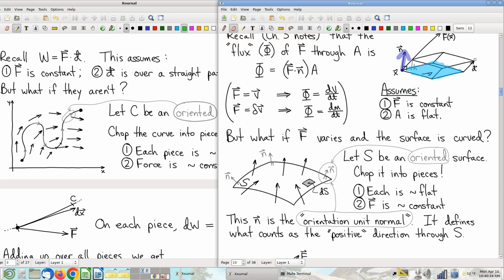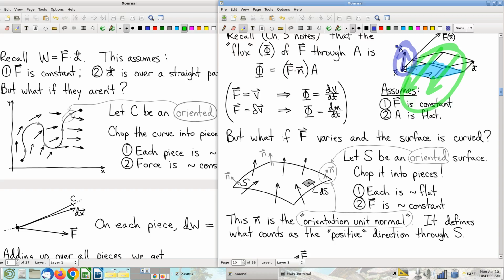But what about this? What if the fluid was doing this? This is a very different scenario, right? The flux, the quantity of fluid per unit time moving through that little piece of surface, is fundamentally a different thing in that it's going the other way. So that is represented by the fact that these vectors, dot product with my orientation unit normal, is negative.